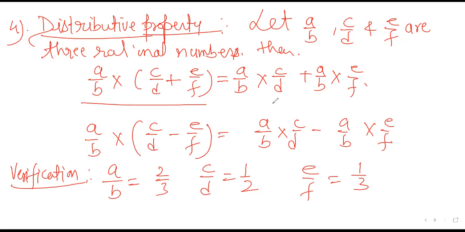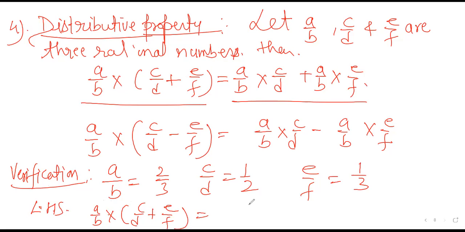Now we will solve the left hand side and right hand side. I am solving addition. The left hand side of distributive property over addition is a/b multiplied by (c/d + e/f). Now put down the values: 2/3 multiplied by (1/2 + 1/3).